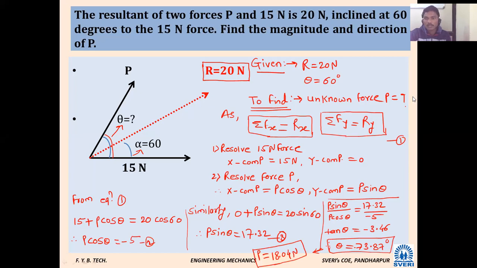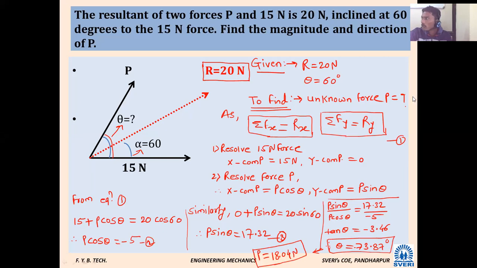What was the basic concept we applied in this? Actually, it is an exceptional case problem. Rarely it will happen that the resultant is given and you are supposed to find some unknown force. Otherwise, in our conventional problem, the force system and inclinations are given and you are just supposed to find the resultant.